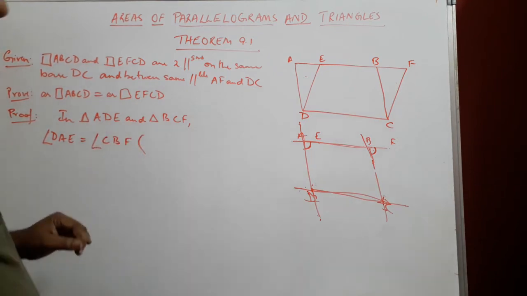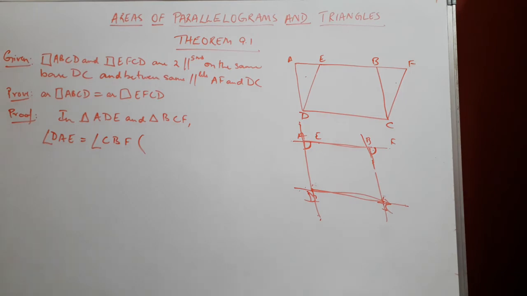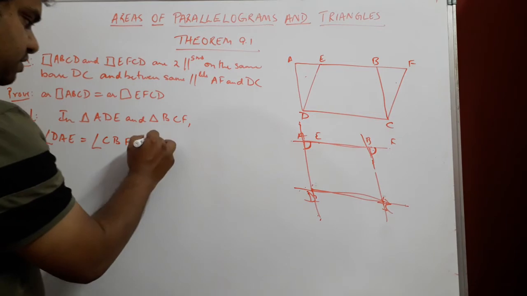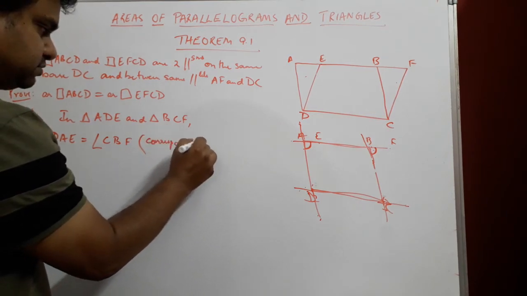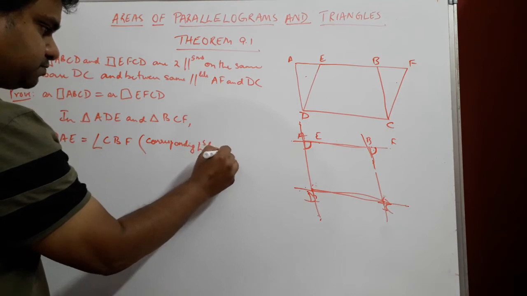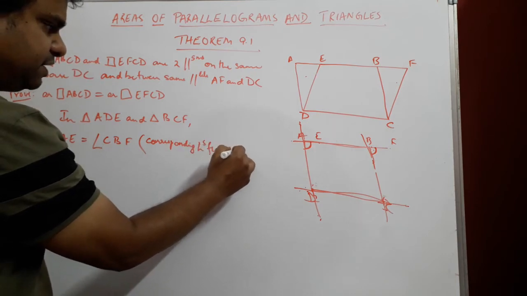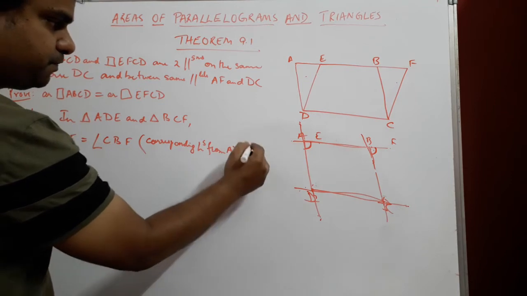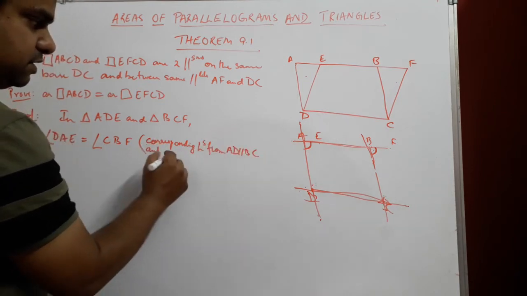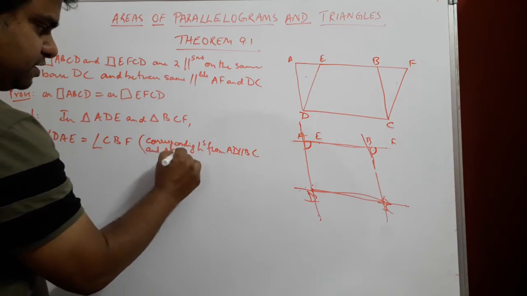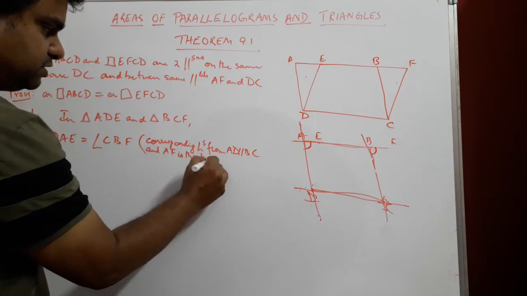And the reason being, we have to say that corresponding angles from AD parallel to BC and AF is the transversal.